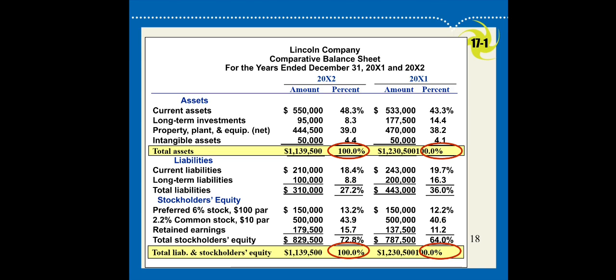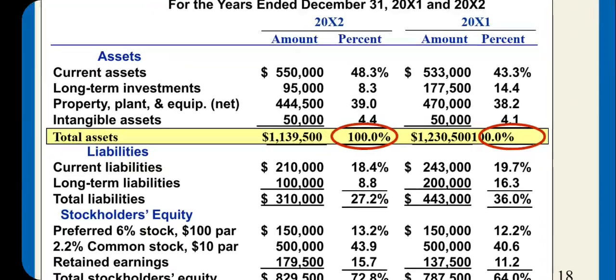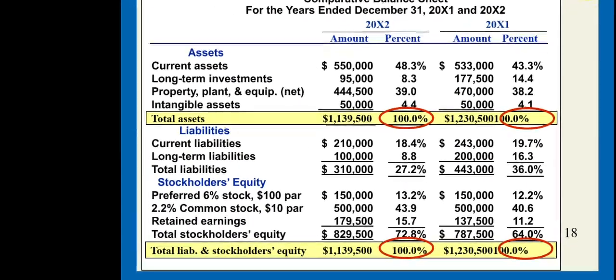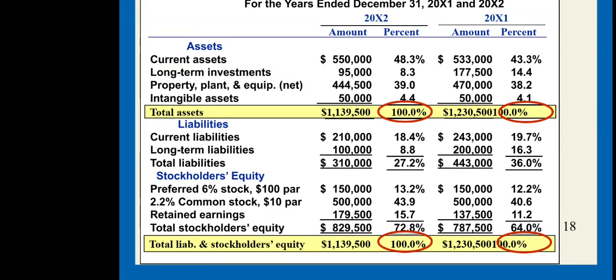See the column number 3. Column number 3 is for year 2000X2. See item number 1, current asset is 48.3%. How to get the 48.3%? 48.3% is equal to 550,000 current asset for the year X2 divided by the total asset, 1,139,500.